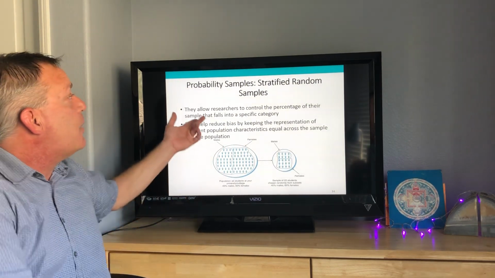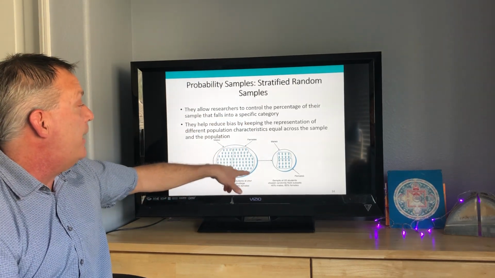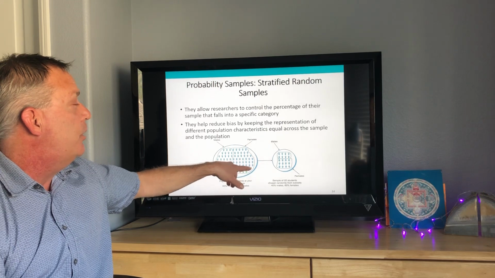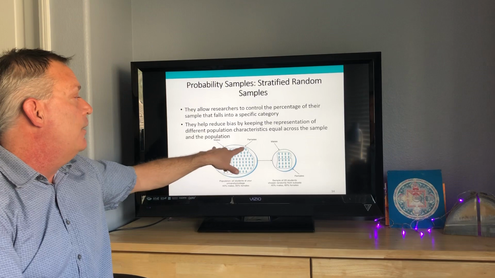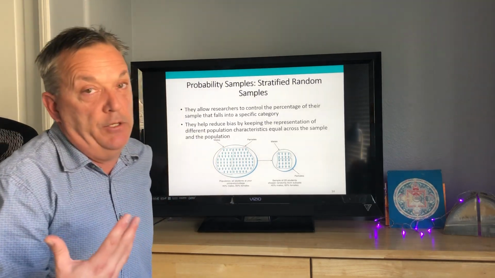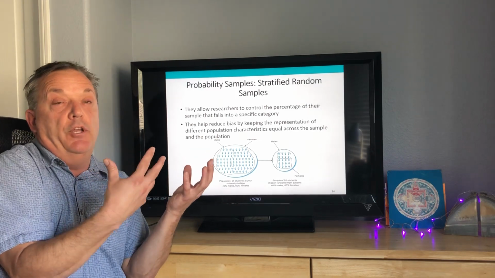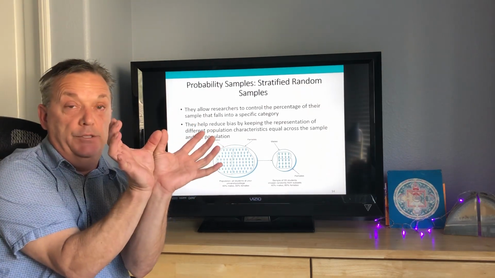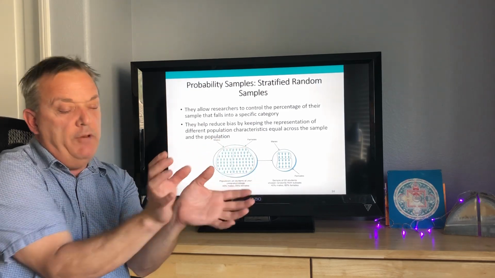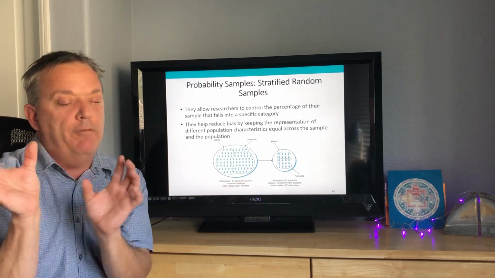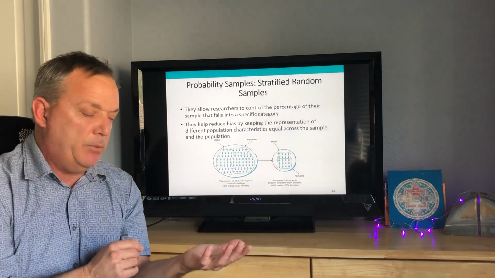And then you also have stratified random samples. Suppose you have a category like male, female, and you want to know something about a topic of interest. If you just did random sampling or cluster sampling, it might distribute evenly between males and females, when in fact you don't want that, because there are perhaps more females in the colleges, 60% versus 40% males.